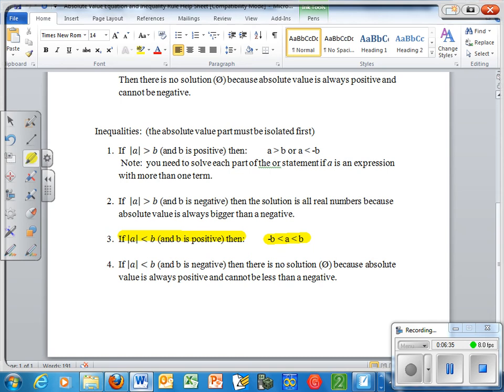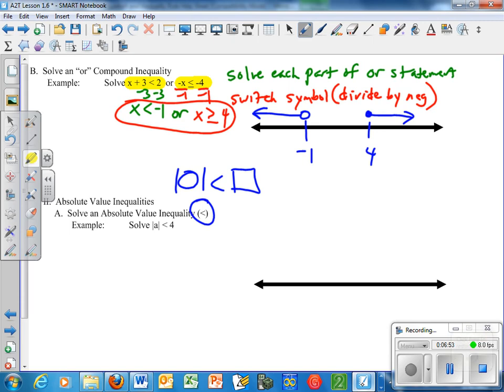Notice B is the number on the right, so again, it's absolute value, so you've got to look at the negative and the positive case. So A, or what's inside absolute value, goes in the middle. The opposite of the number, because that's a positive number over there, goes on the left, and the number itself goes on the right. So, again, this is what we're writing.